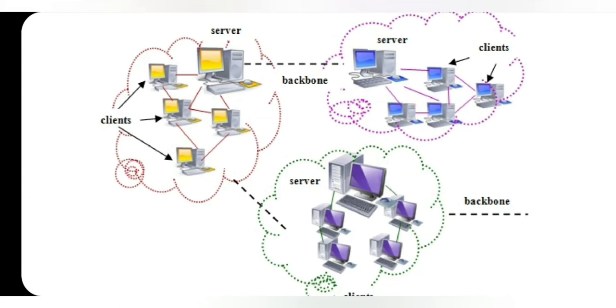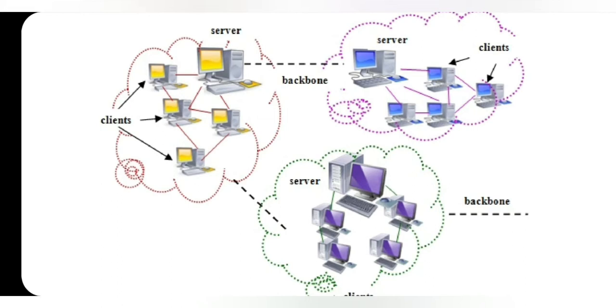And here you can see the backbone, that is the wired connection, or how they are connected, which is known as a backbone. So this is the concept of the internet. If you want to connect the LANs with each other, we can do that with the help of the internet.